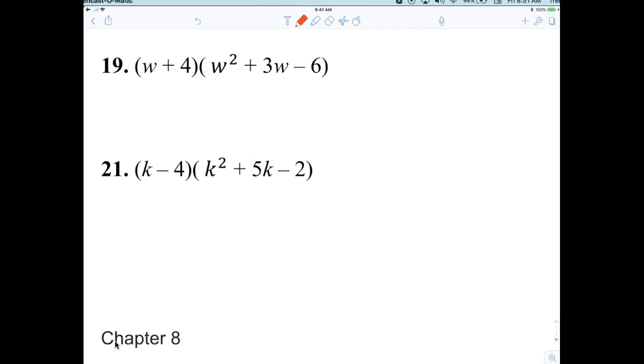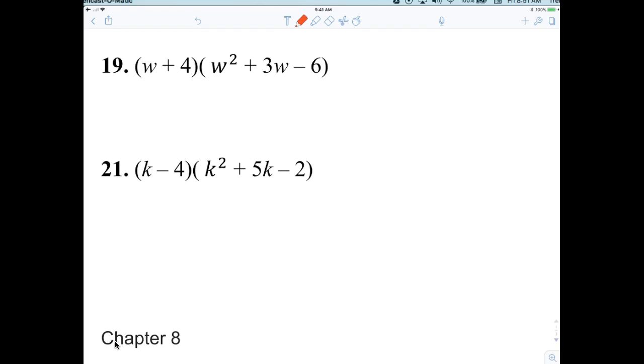W cubed plus 4w squared plus 1w minus 24. W squared plus 6w minus 24. I got w squared plus w minus 24. You guys, there's got to be a W cubed.